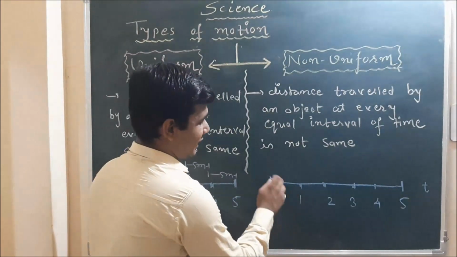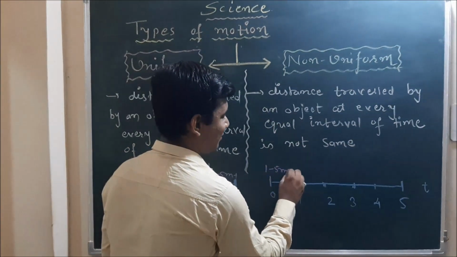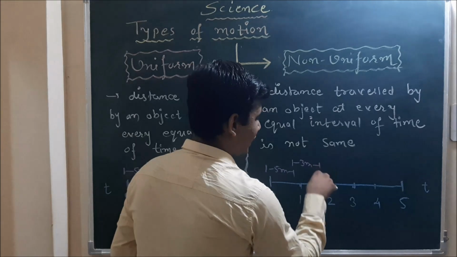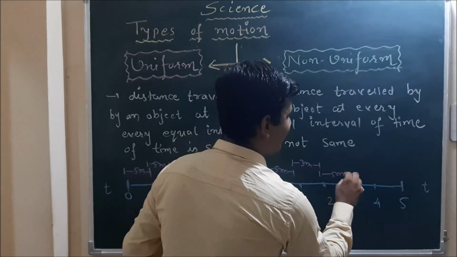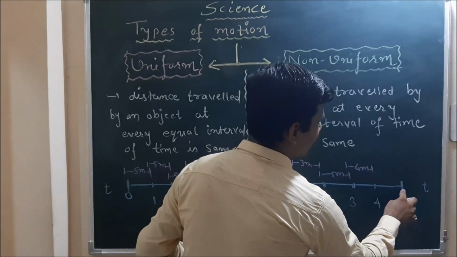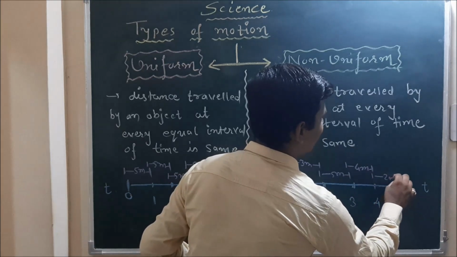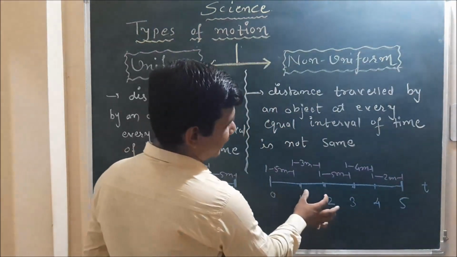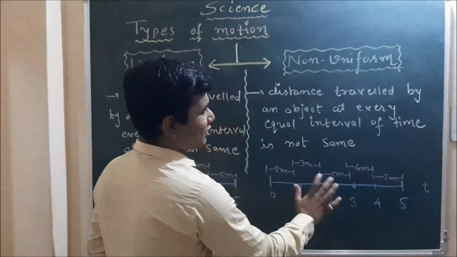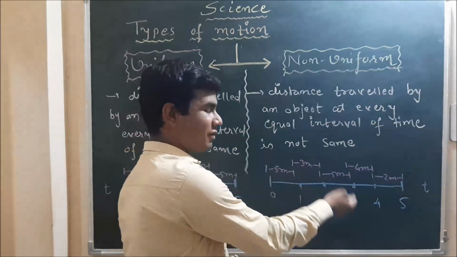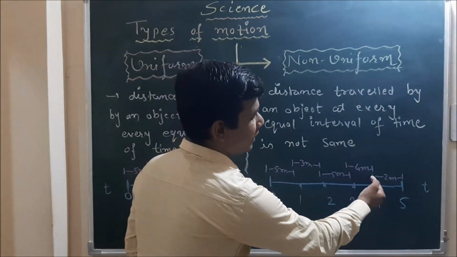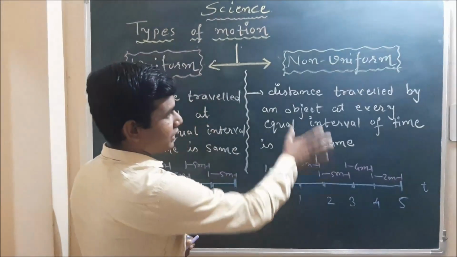Suppose in the first second the object travels 5 meters, in another 1 second it travels 3 meters, in another 1 second again it travels 5 meters, here it travels 4 meters, and in another 1 second it travels 2 meters. So every interval of time is the same, but the distance traveled in every interval is not the same. So this type of motion is not uniform motion.